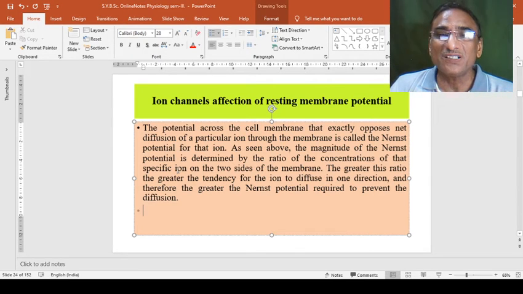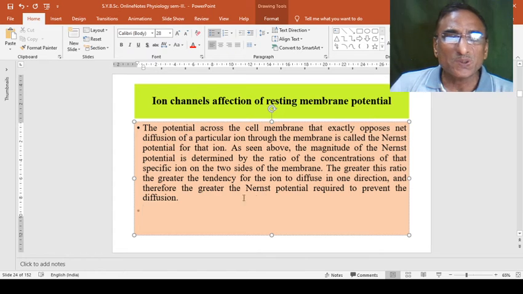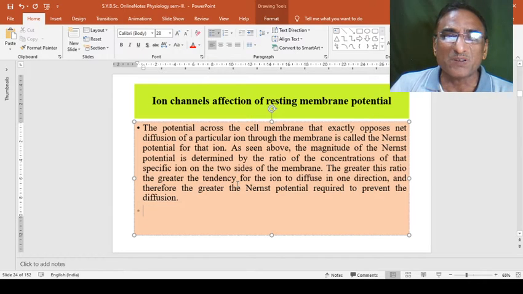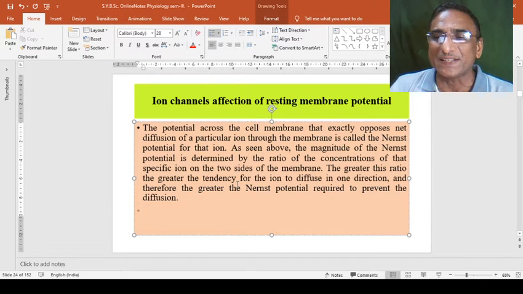The ratio of the concentration of the specific ions on the two sides of the membrane: the greater this ratio, the greater the tendency for the ions to diffuse in one direction. This means the movement, whether active, passive, or by diffusion, depends on the tendency of the ion.